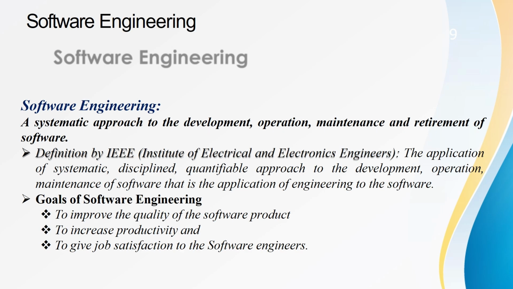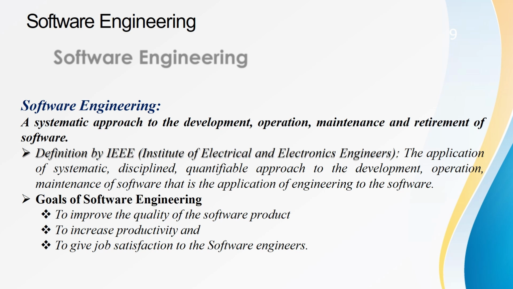This definition is given by IEEE. What do we mean by software engineering? We can say a systematic, disciplined, quantifiable approach for the development, operation and maintenance of software. That is called the application of engineering to software.